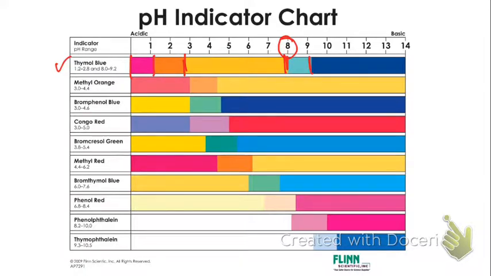So by knowing these colors for this particular indicator, you can monitor where the pH is based on adding an acid or base to our solution. All right. So for instance, let's go ahead and say we have an acid solution here.